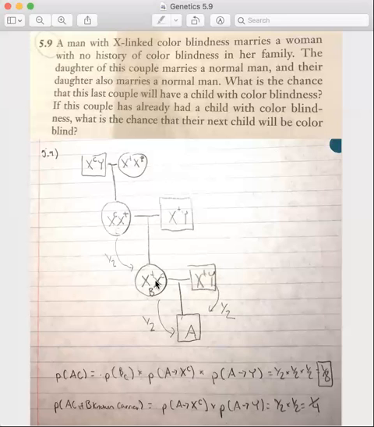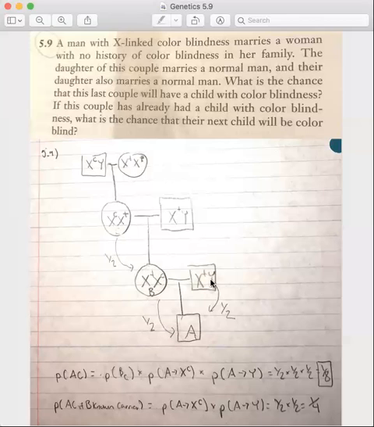And so we know the probability that this individual is colorblind is, the mother can inherit one of the two X chromosomes from the grandmother, either the wild type or the colorblind. So it's a half, a 50% chance that the grandmother is going to pass down that colorblind allele. It's also a 50% chance that the mother is then going to pass down that colorblind allele on the one X chromosome that contains that mutant allele.